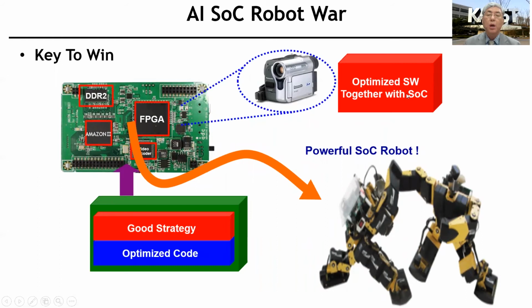So the optimized software together with the SoC is the key to win the robot war. So the strategy is very important. And of course, the code should be optimized for the small size of the memory and very limited computation power of the CPU. Well-optimized software provides very powerful robot behavior, so you can win the competition.